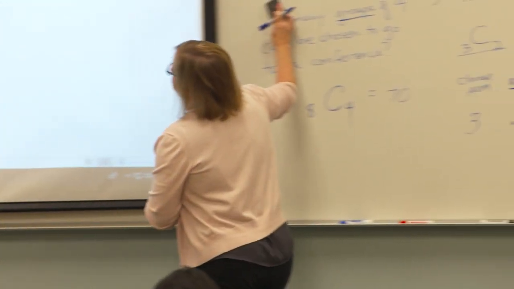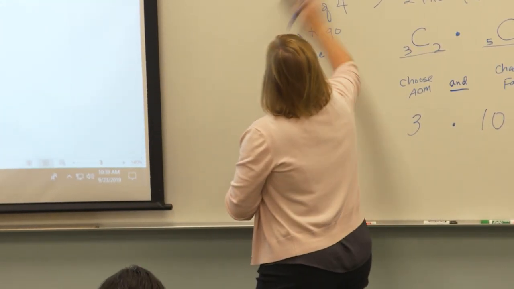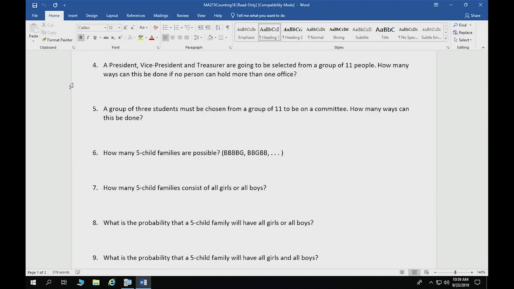Okay, so what's different about number 5? I still have 11 people. I want to pick 3. Is it a permutation? Why? Yeah, order doesn't matter. So if that group that you're picking is all doing the same thing, don't count the order. So it just says a group of 3 students are going to be on a committee.